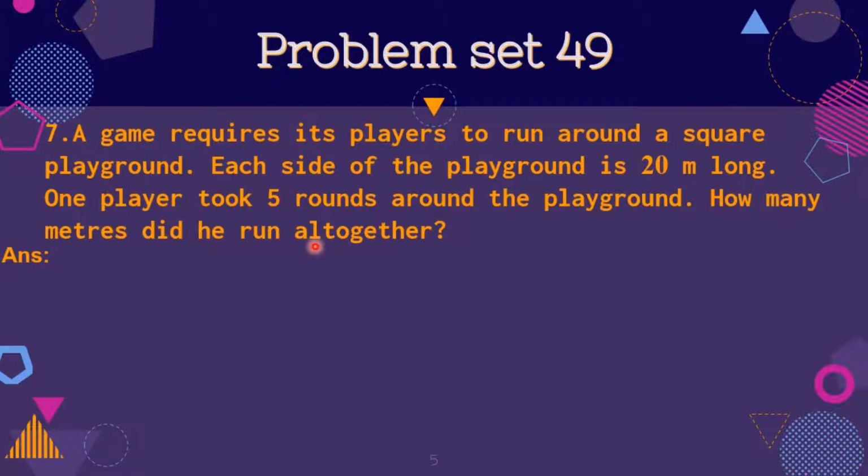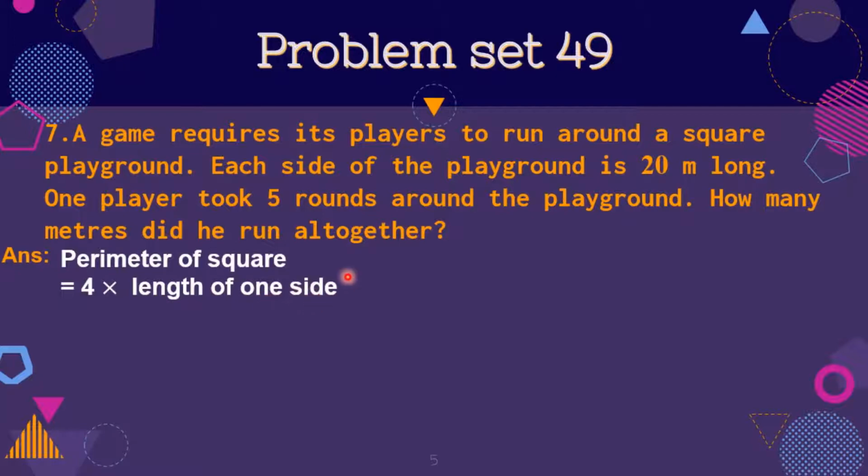And for that, we need to find out the perimeter of that square shaped playground. So we have perimeter of square is equal to 4 into length of one side. As the length of one side is 20 meter, we write 4 into 20, which is equal to 80 meters.